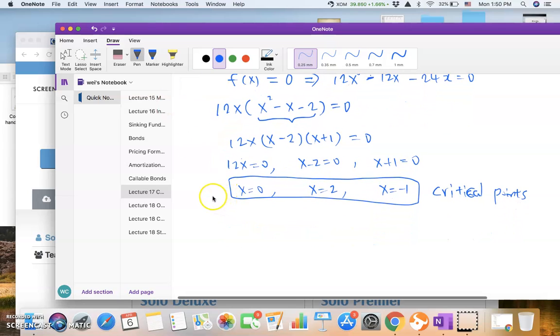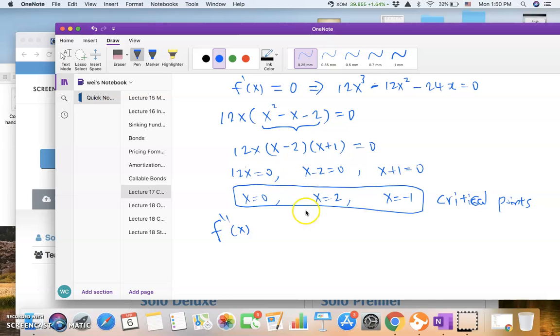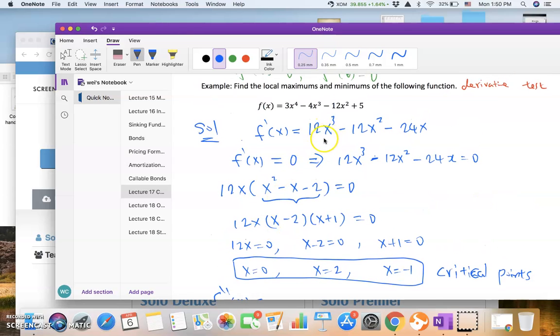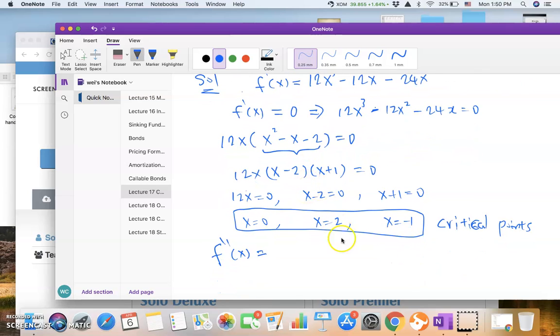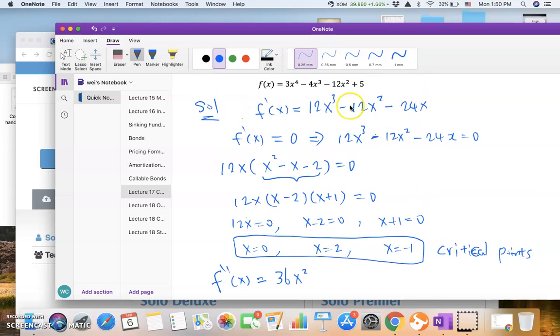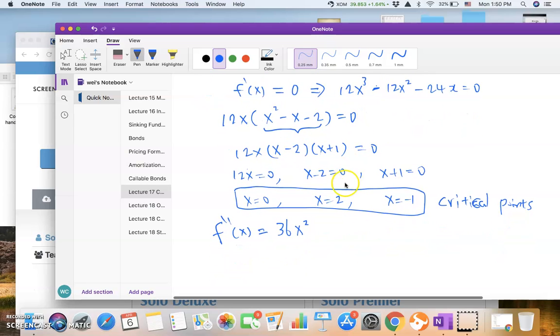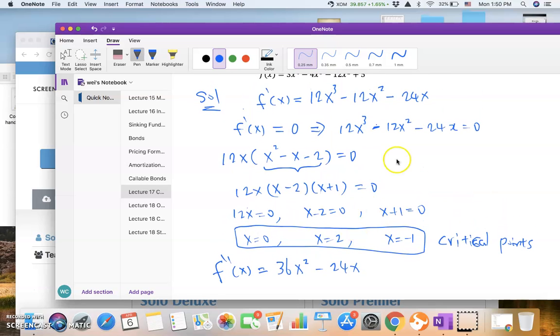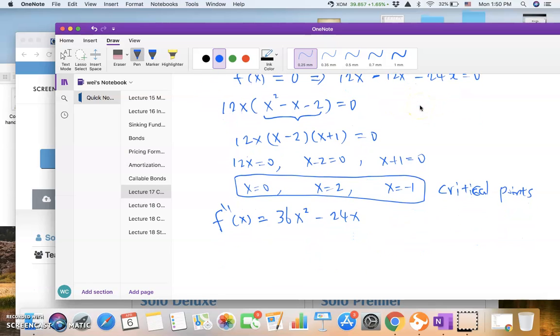Okay, to use the second derivative test, next we take the derivative again, so we have the second derivative. The second derivative is 36x squared minus 24x minus 24.